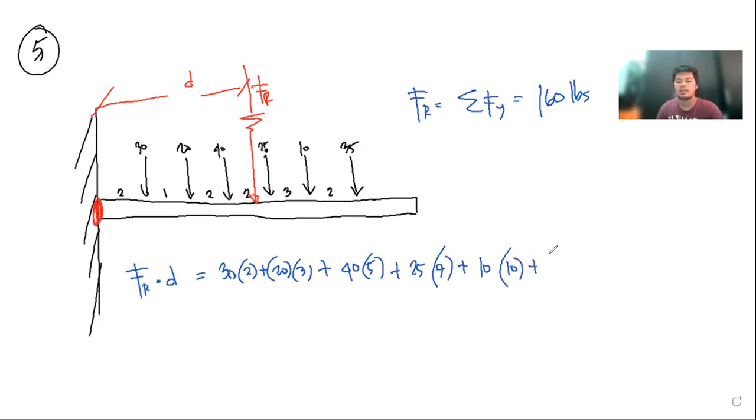And lastly, 35 multiplied by 12. So, FR is said to be 160.